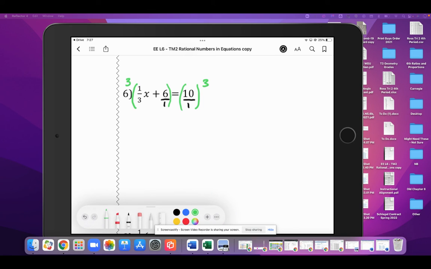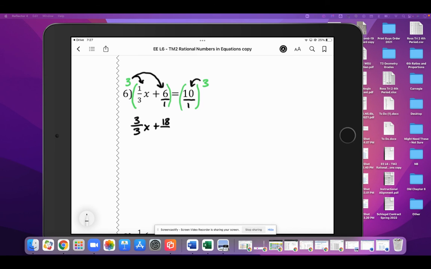And if there's someone out there that wants to try something else, you can do that and you should get the same result that I do. So I will have 3 over 3x plus 18 over 1 equals, no, not 10 Schlegel, 30 over 1.